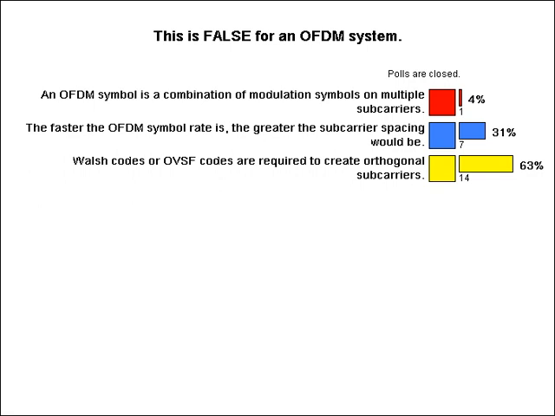We have one question, or comment rather: fewer subcarriers means less throughput. Not necessarily. You basically have this two-dimensional resource grid.